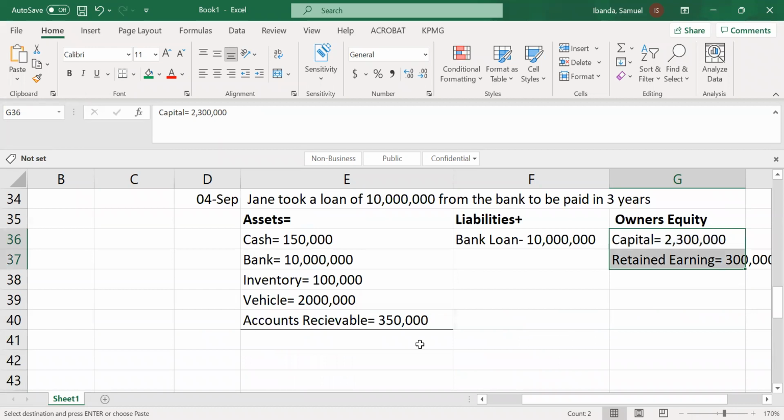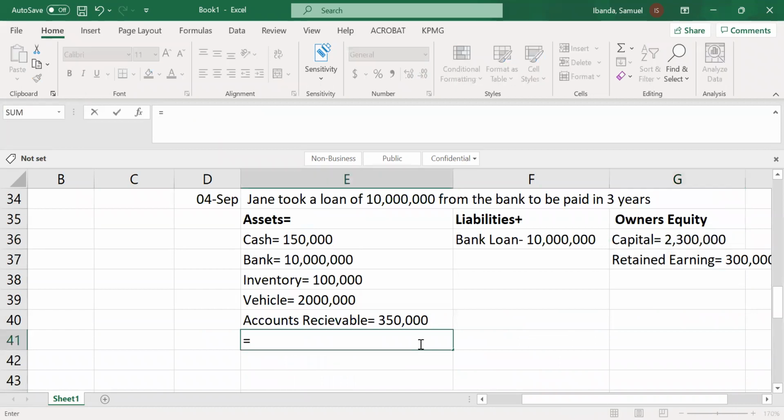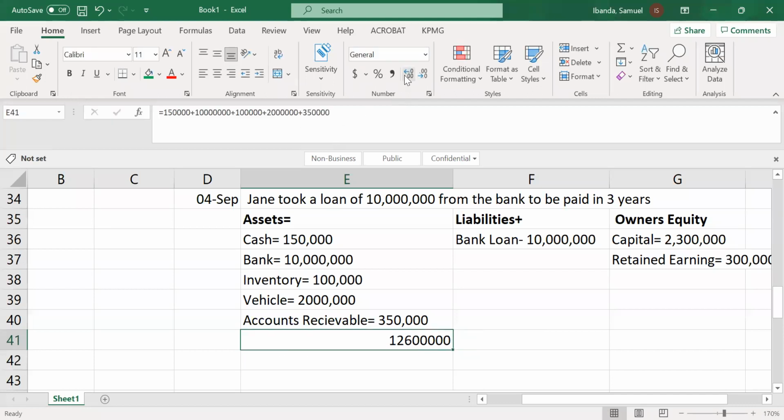So let's try to add. So this is 150,000 plus 10 million plus 100,000 plus 2 million plus 350,000. This guy has not yet paid. So it gets us 12.6.